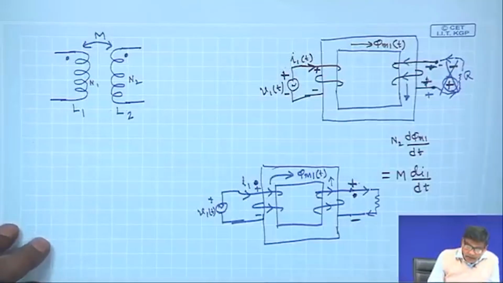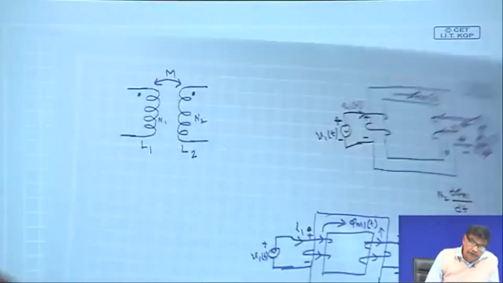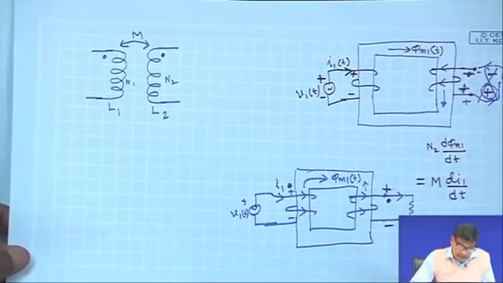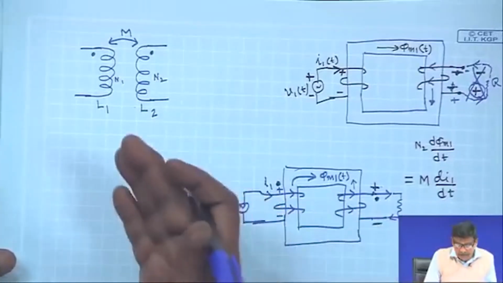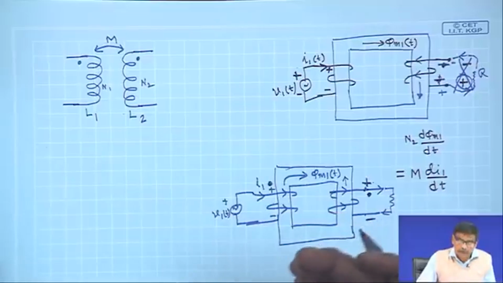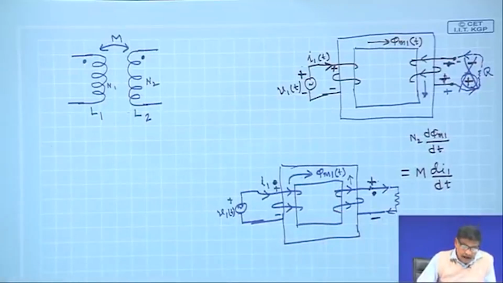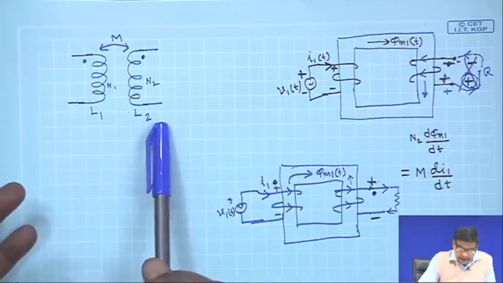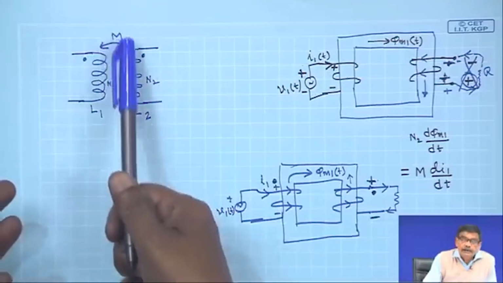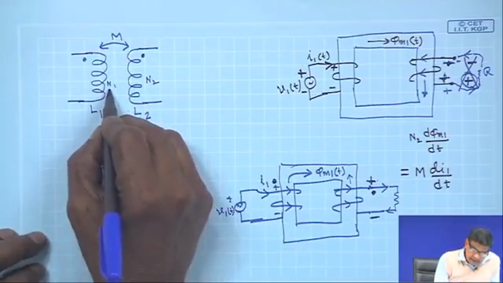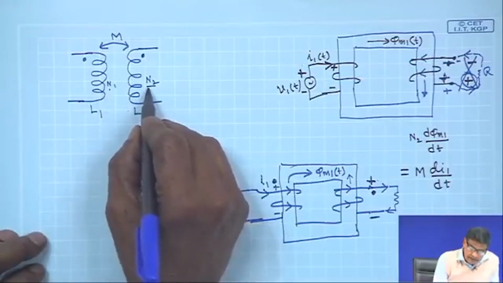Now, as I told you, my goal is to obtain an equivalent circuit of a transformer, and I will view the transformer as some inductances, self inductances L 1, L 2 and mutual inductance M. This has turns N 1, this has turns N 2.